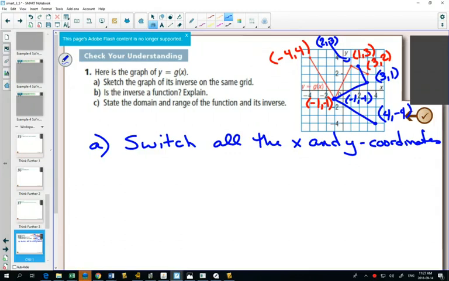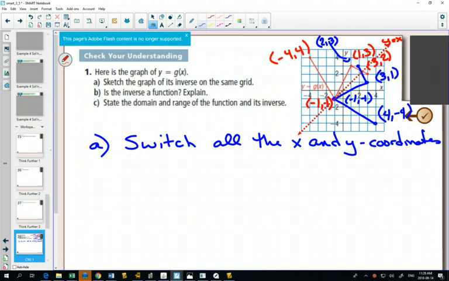The other thing that can help you is if you draw a dotted line and label that dotted line. That's the equation y equals x.